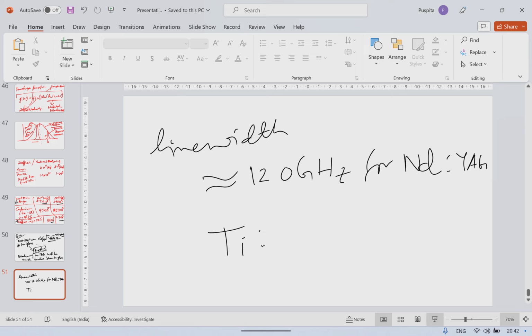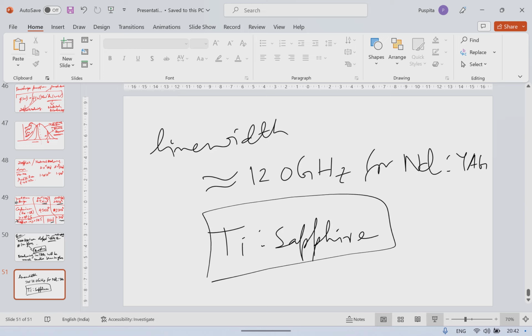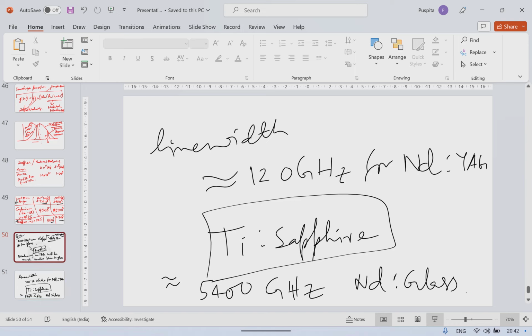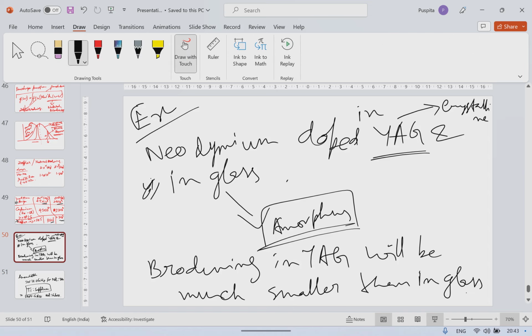Nowadays, titanium doped sapphire gain medium is used, so it is written like this. But the line width for the glass, neodymium doped glass, is almost 5400 gigahertz. It's not like an example, it is like information.